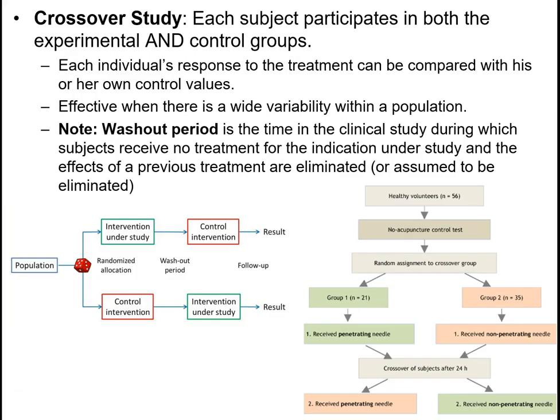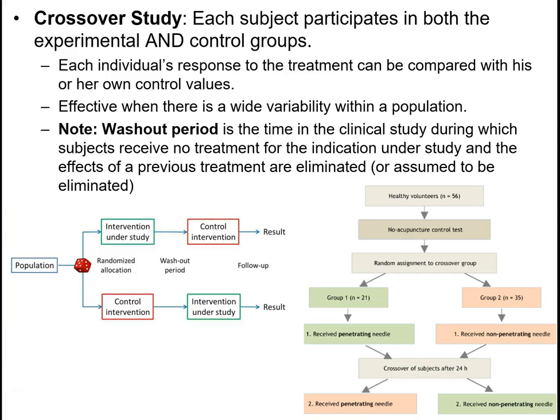All right, crossover studies. This is where each subject actually participates in both the experimental and control groups. So then we are measuring the individual's response to the treatment versus themselves. This is really effective when there's a lot of variability within a population.